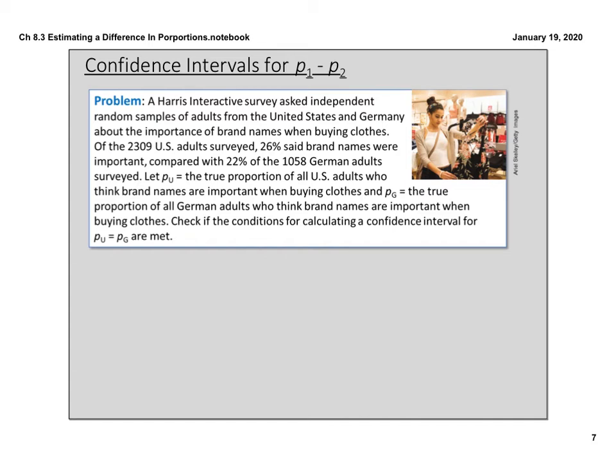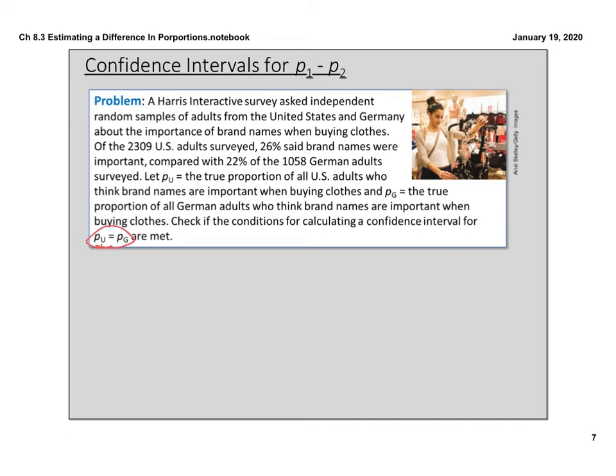So let p sub U be the true proportion of the U.S. adults that think they're important, and p sub G be the true proportion of German adults who say they're important. Check the conditions for calculating a confidence interval for whether these two things are equal are met.